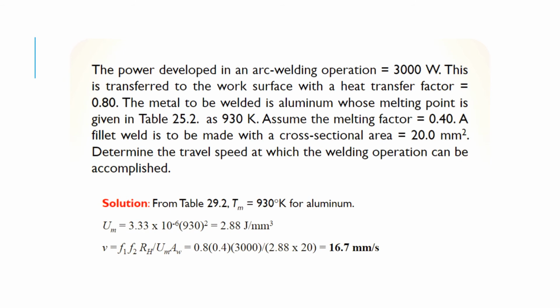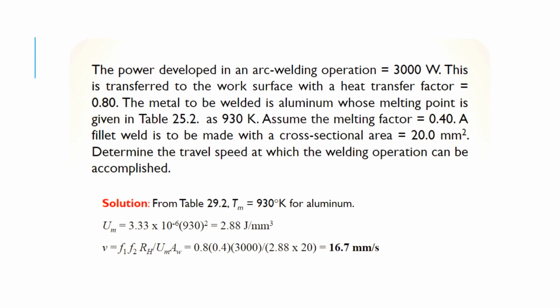It is given as 930 Kelvin. Assume the melting factor equal to 0.4. A fillet weld is to be made with a cross-sectional area equal to 20 mm squared. Determine the travel speed at which the welding operation can be accomplished.